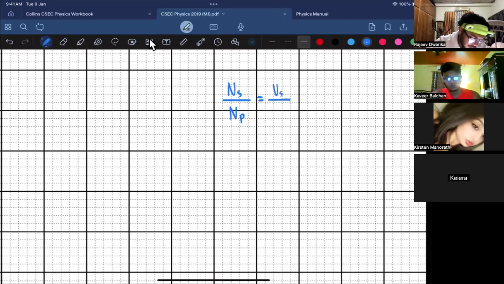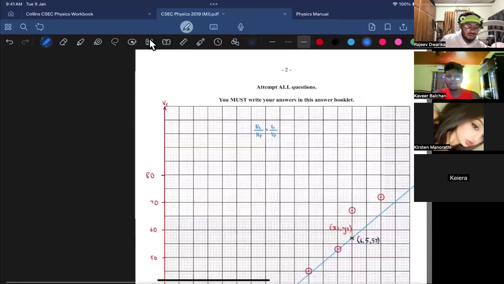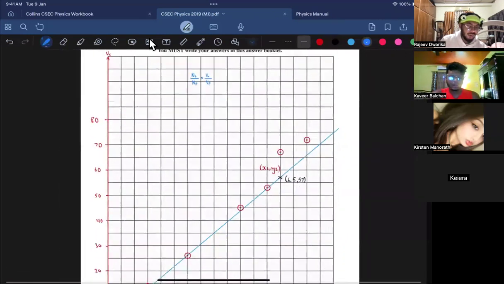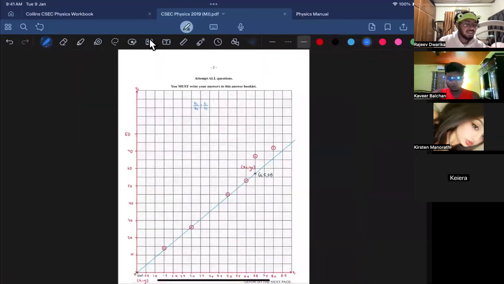Right. When we find the gradient, remember, gradient is y2 minus y1, a change in y over the change in x. In this case, since what we have on the y-axis is VS, we're effectively finding the change in VS over the change in VP.